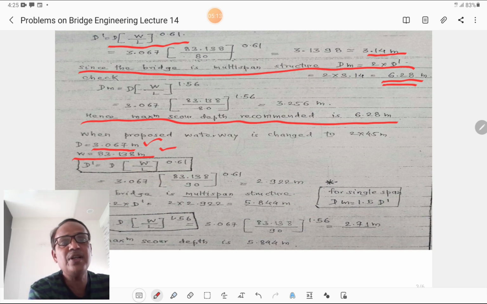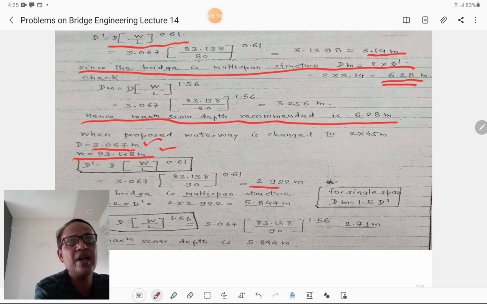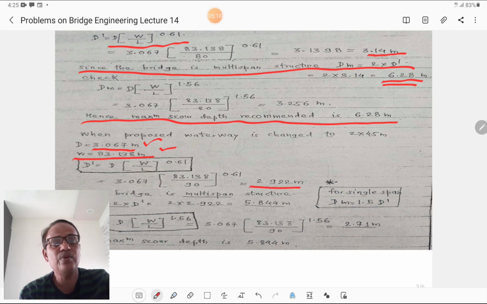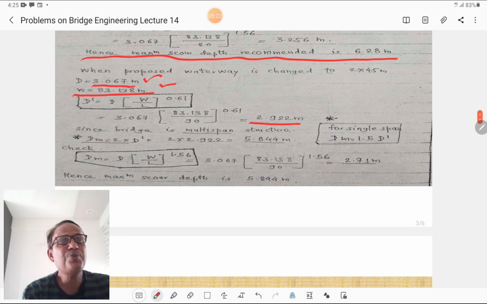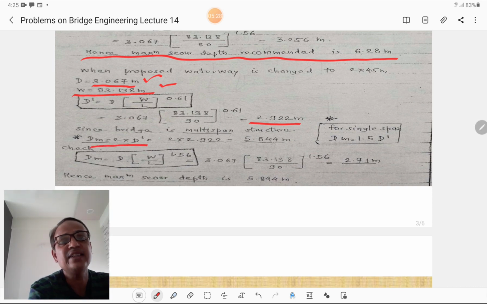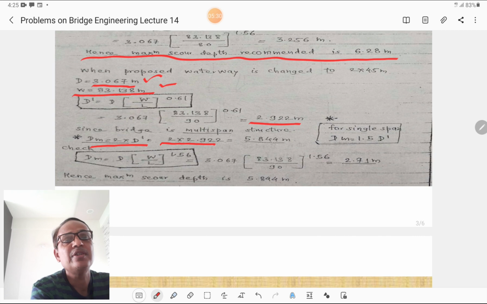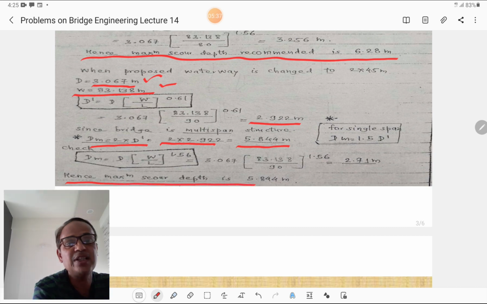That is 2.922 meter. Since the bridge is a multi-span structure, Dm is equal to 2 into D dash, that is 2 into 2.922, that is 5.844. So that is the maximum depth of scour, 5.844 meter.